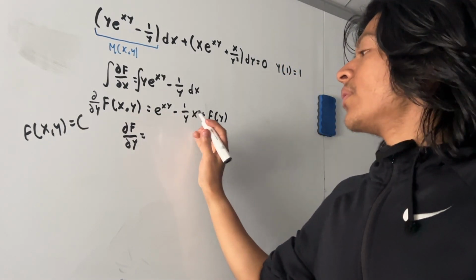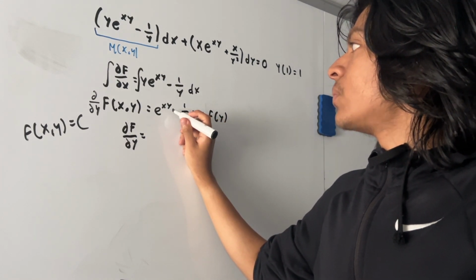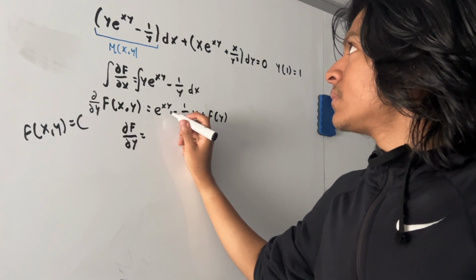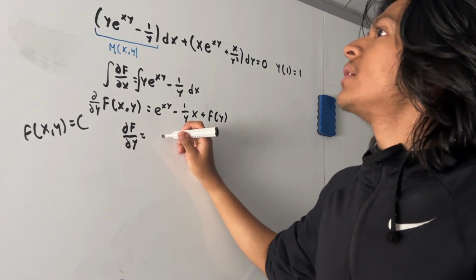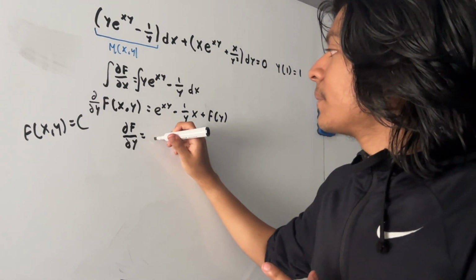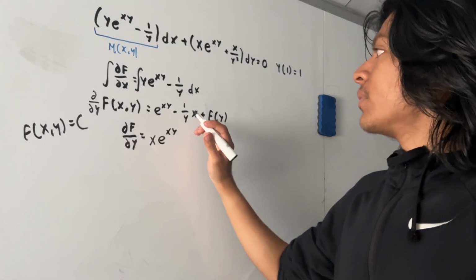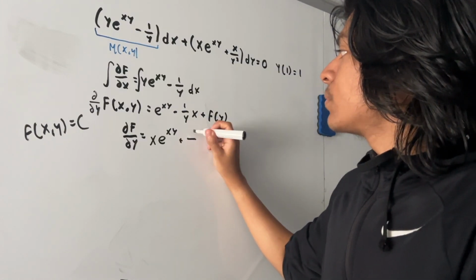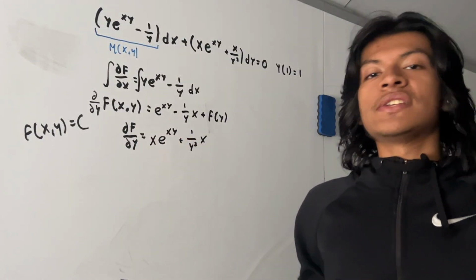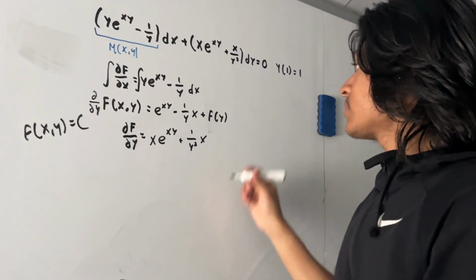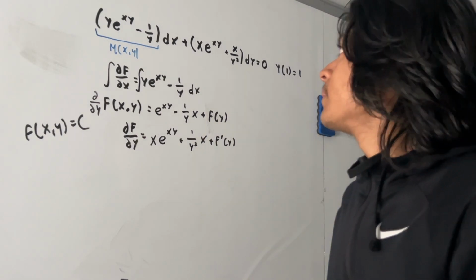When we take the derivative with respect to y on this side, we're going to get x e to the xy. And when we take the derivative on this part, we're going to get plus 1 over y squared of x. Again, the x here is being treated as a constant. And this right here is just going to be f prime of y.